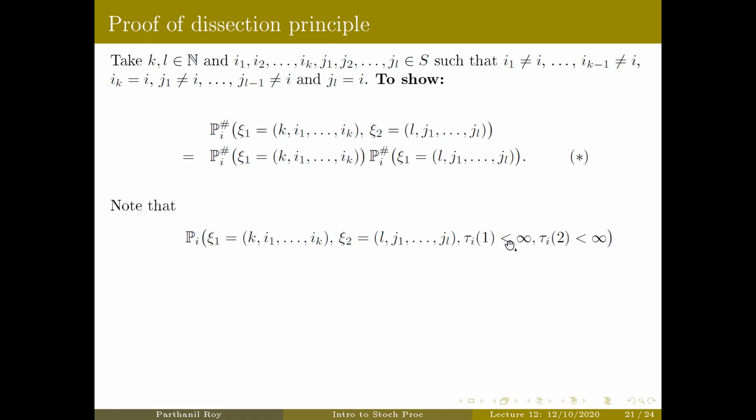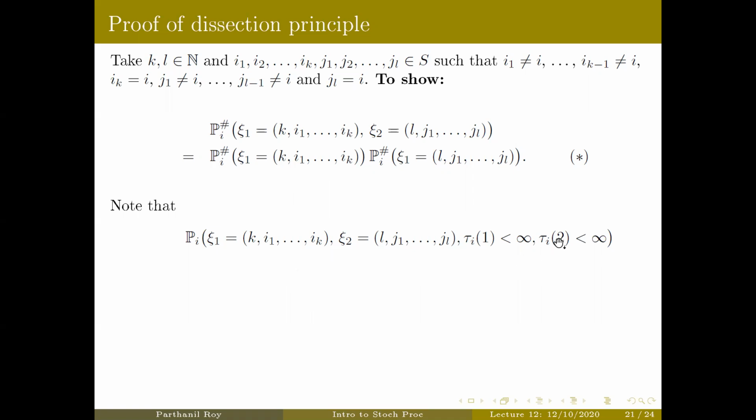We are first going to start with the numerator of the left hand side of star, namely this probability along with the condition. If I put a conditional here, then this will become exactly the left hand side of star. The conditional probability of A given B is P of A intersection B divided by P of B. So we are just computing first P of A intersection B.